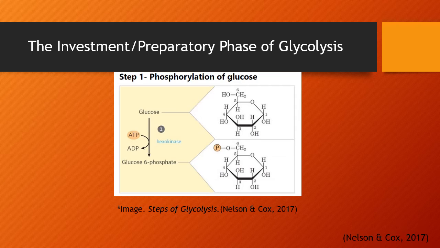Hexokinase binds to glucose and undergoes a conformational change which lessens the distance between ATP and glucose, and that protects ATP's phosphoanhydride bonds from being broken prematurely by water molecules via hydrolysis. So you wind up, at the end of step 1, with glucose 6-phosphate.